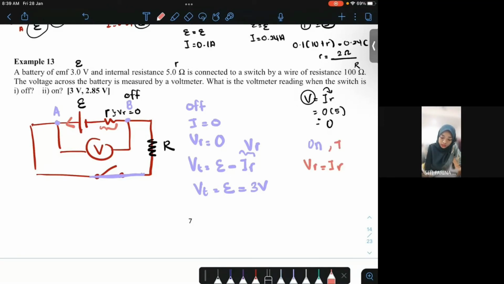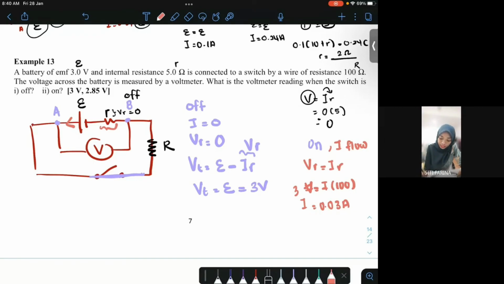Bila switch on, I flow. I akan keluar. So kita cari dulu guna total EMF dengan external resistance dulu. I, R kamu adalah 100. Ini 3. So dapatkan nilai I, 0.3 ampere. So this much current kena flow for the external resistance of 100 ohm tadi.